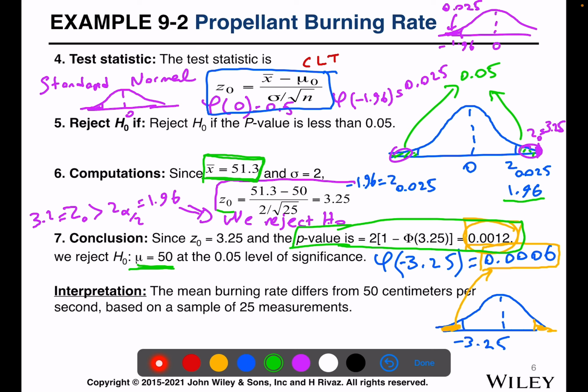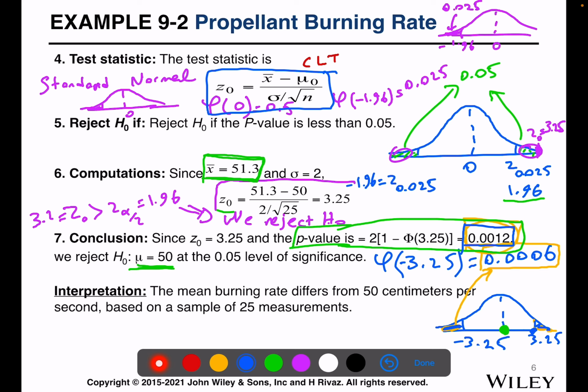So in other words, your actual mean was here, which is 0. Your actual Z was 3.25, so your Z was here. And this area under the curve plus this area under the curve is 0.1%, right?